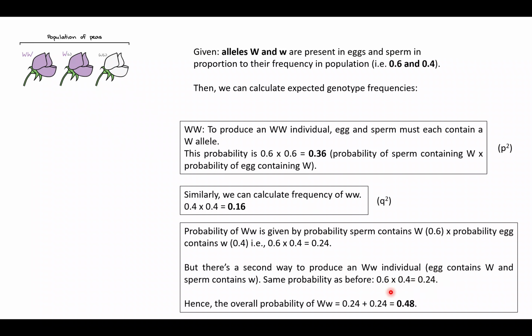What we got here is 0.48. So that is the genotype frequency in the next generation. From this, if the allele frequency is given, you can calculate the genotype frequency of the next generation by using the Hardy-Weinberg principle.